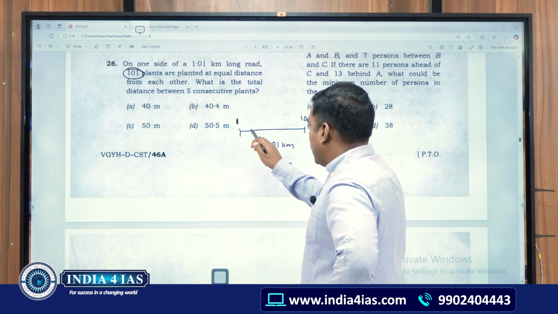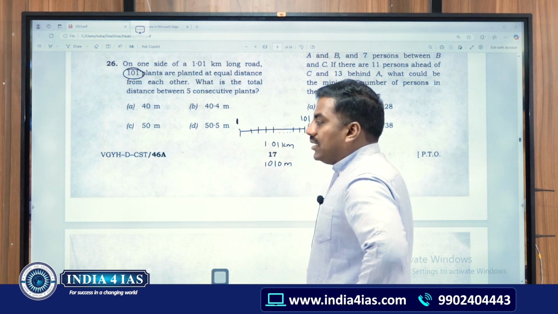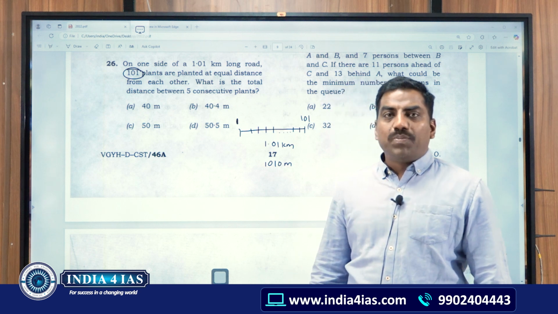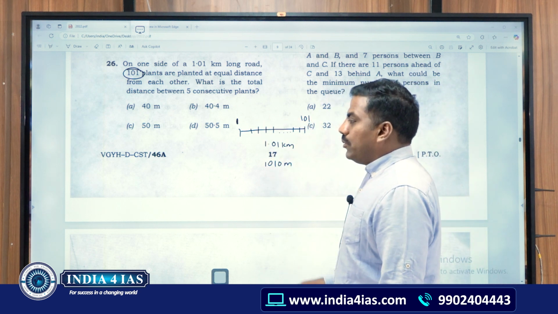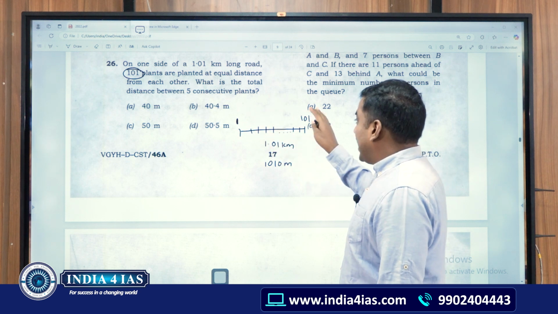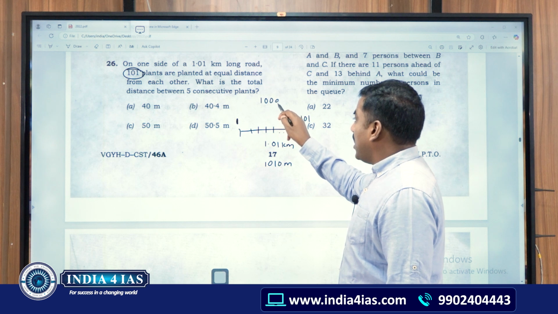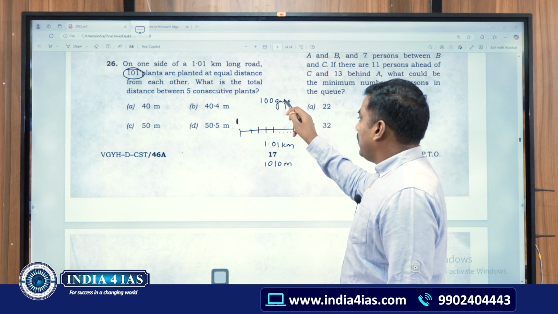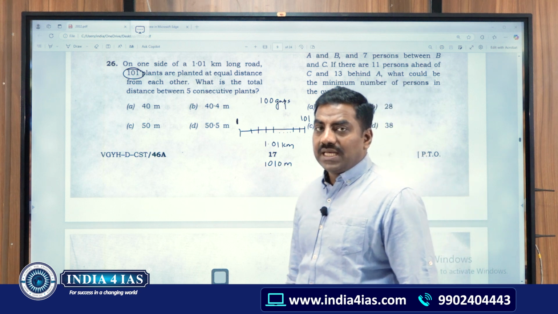So if you look at the gap between two consecutive plants, how many gaps will be there? Between 1 and 2, 1 gap. Between 2 and 3, 1 gap. So like that, between 1 and 101, there will be 100 gaps. The first point is first plant, last point is last plant.